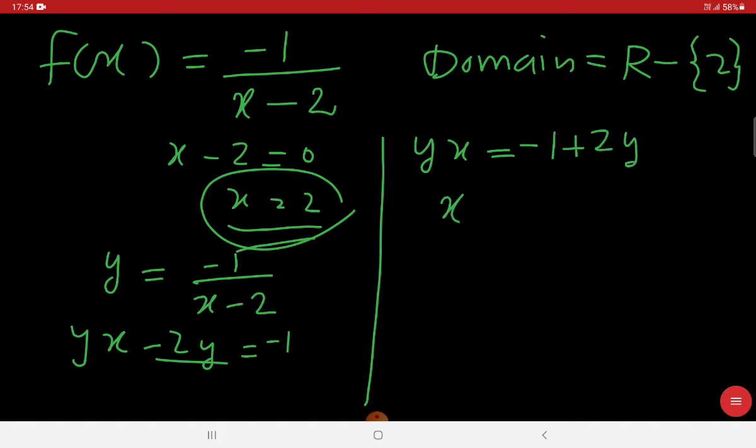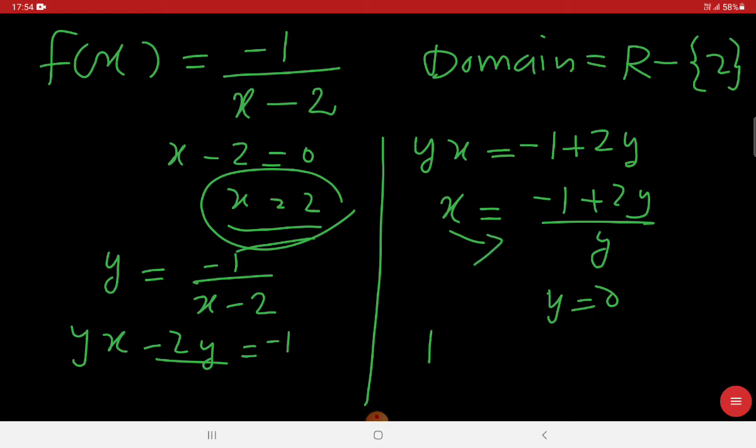Now what is x? x equal to minus 1 plus 2y by y. Now see for what value of y x is not defined. Here if y equal to 0, the x value is not defined. So what is the range? Range is equal to R minus {0}.